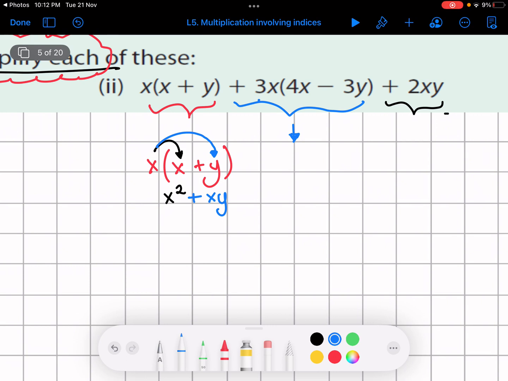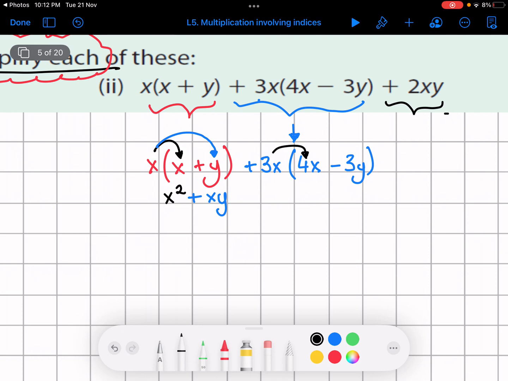Then we'll have a little look at the next sum. So here we have plus 3x, and that is multiplied by everything in the bracket. So that's multiplied by 4x minus 3y. We do the same rule again. We multiply the number in front by the first in the bracket.